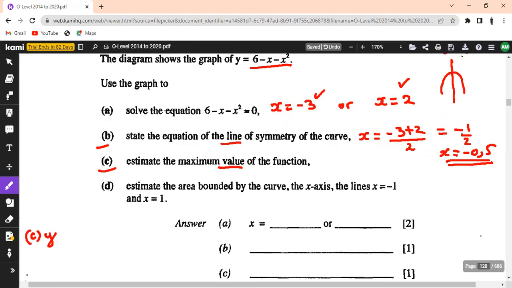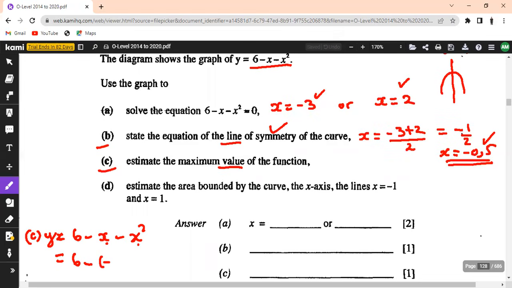Since we know that our equation is y is equal to 6 minus x squared, you substitute the value of x at the turning point, which is the x of the line of symmetry, minus 0.5. By substituting this, you obtain the maximum value of the function.